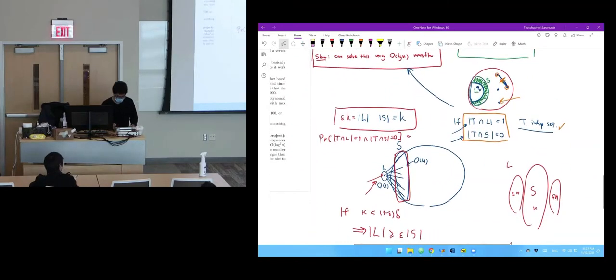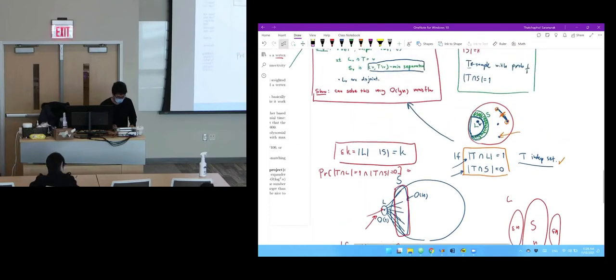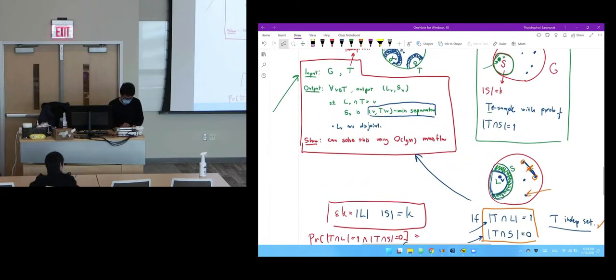So do you roughly see that once you have this subroutine, then we are done? Should I clarify more about what to do once we assume this before I go into this subroutine? Yeah, please feel free to ask.